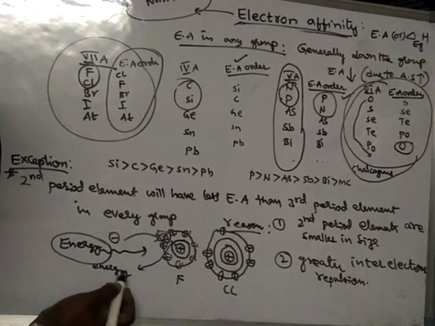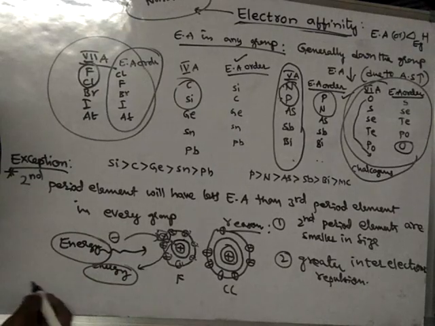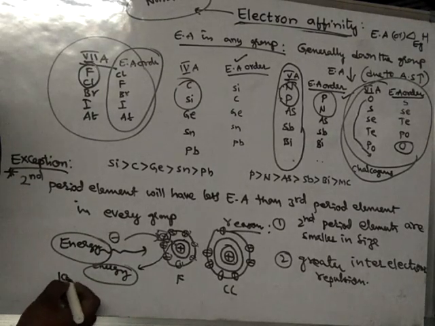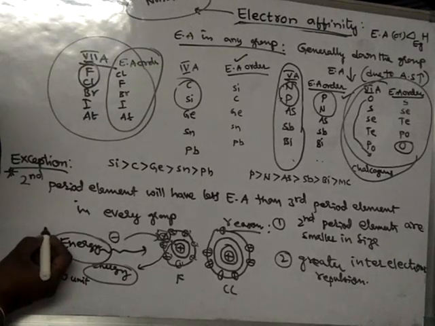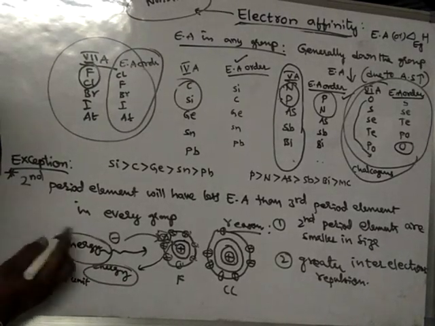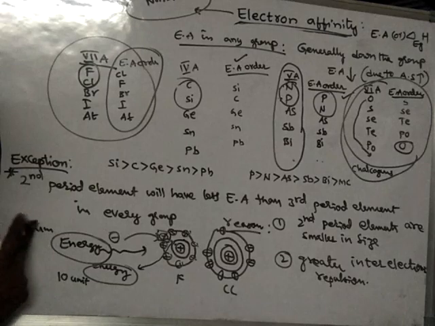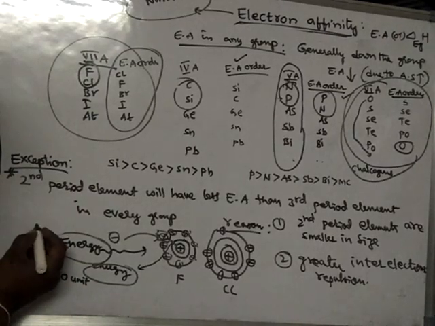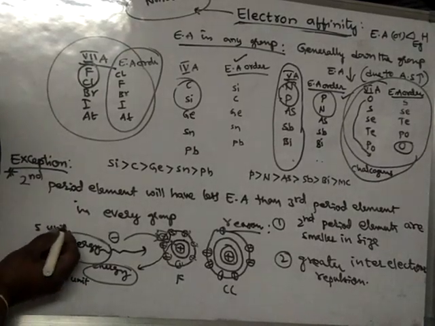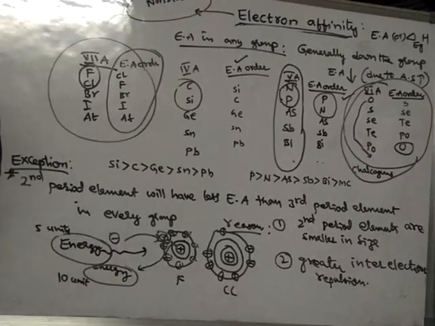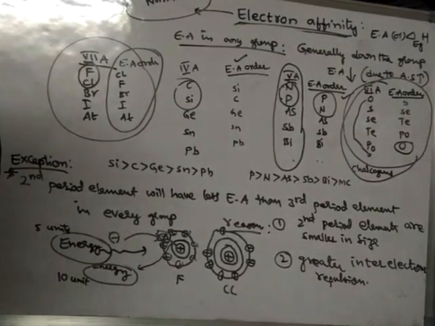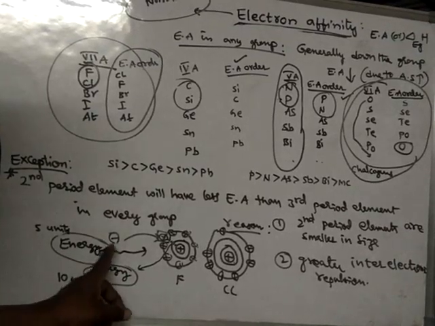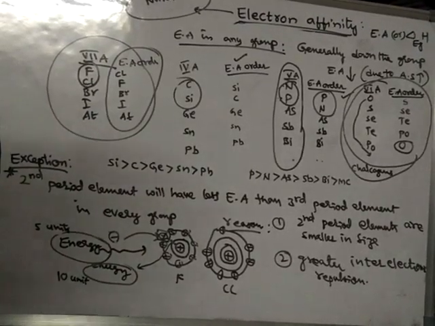For example, let us assume the released energy is 10 units, and the absorbed energy is 5 units. Five units of energy are absorbed in order to adjust the newly added electron and to reduce the repulsive forces.